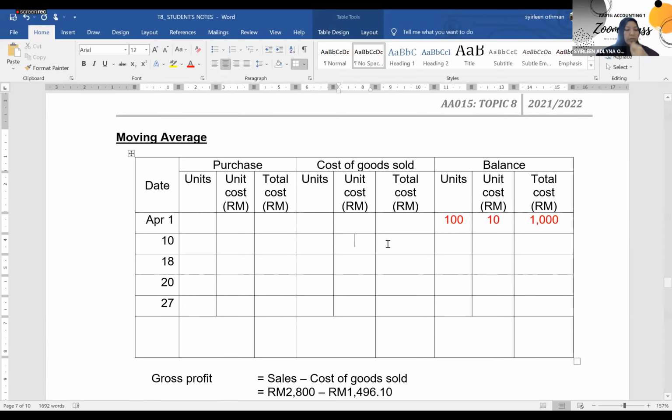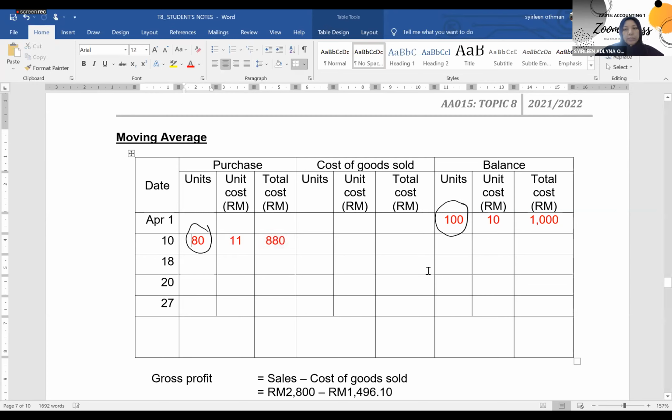Okay. On the 10th, awak beli 80 unit pada harga RM11. So your total cost is 880. Alright. So sekarang unit you yang terkini kita boleh campur sebab kita guna average. So tadi you ada 100 and now you ada 80.